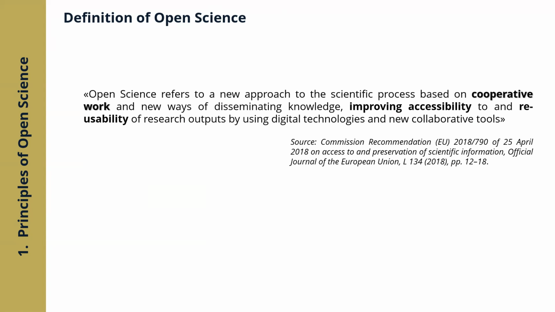As I said, you can find many definitions in the literature. It is quite a new expression, but in fact quite an older concept. In any case, you will find three basic elements that define what open science is. The first one is collaboration.